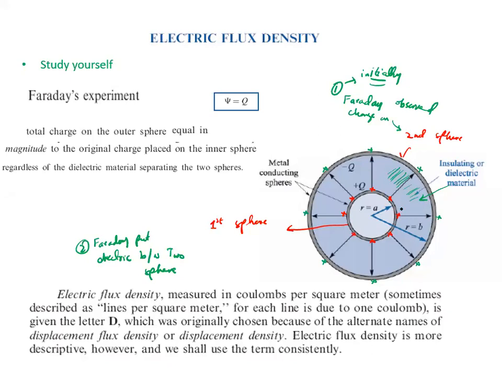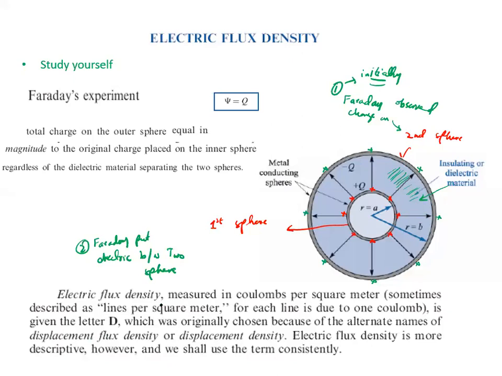Because he was confirming whether this charge from the inner sphere had moved to the outer sphere or it was something else. He concluded that the charge is not going to move, but that something has moved from the inner sphere to the outer sphere.